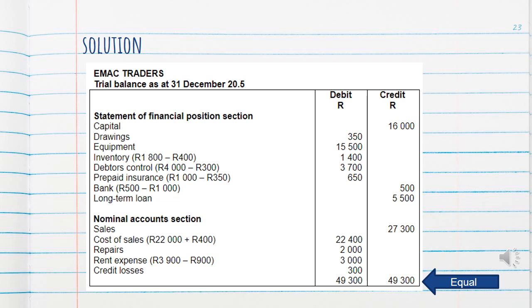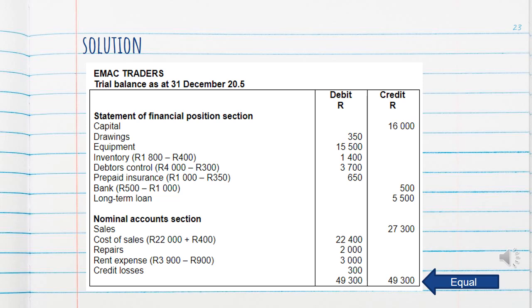So what I want you to take from this slide is that you will know that you've done a trial balance correctly if your credit and your debit equal each other. If it does not, you did something wrong and you're able to go and find your mistake. But that's basically what a trial balance is, just making sure that your debits equal your credits.